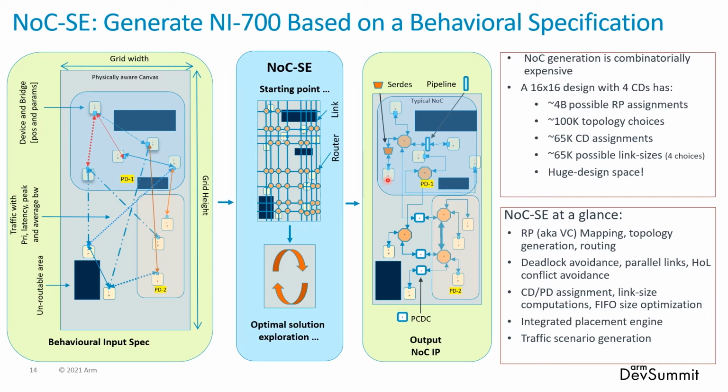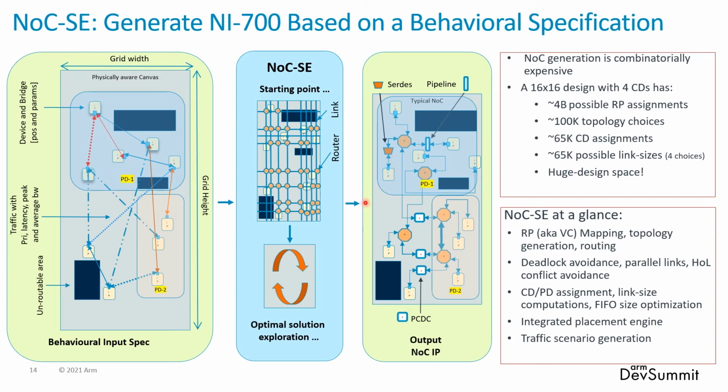And out comes a fully laid down NI 700 where all the routers have been created, they have been put together, the virtual channels or the resource planes have been assigned, the power and clock domain converters have been inserted, the links have been sized, and the Certus is inserted.